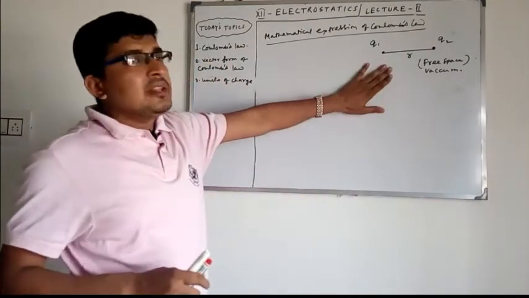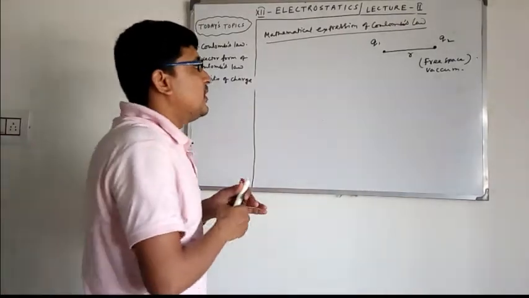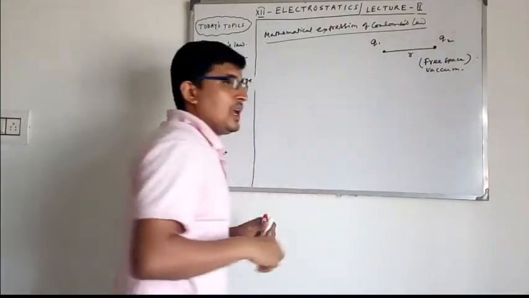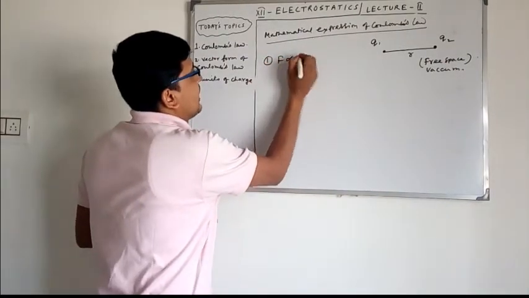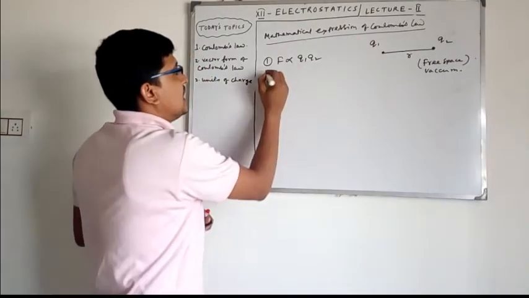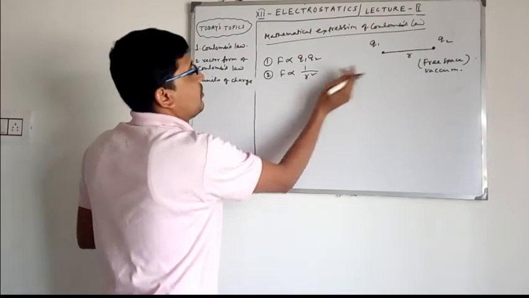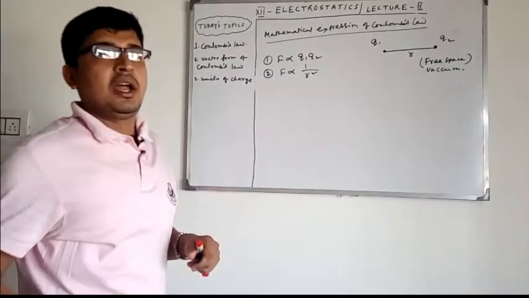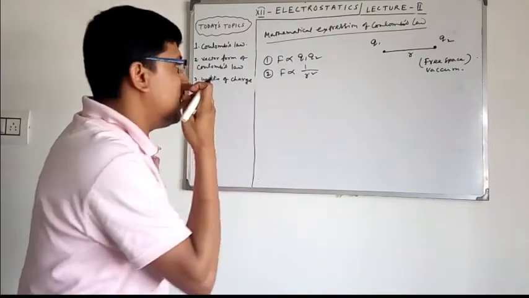Now by applying Coulomb's law, we measure the amount of force between these two charged particles, and we know that first point is force is directly proportional to the product of their charges, and second point is F is inversely proportional to the square of the distance between them. 1 upon r square means this is inversely proportional.